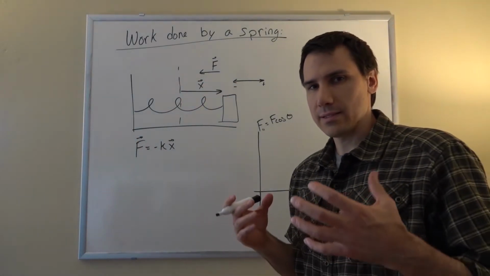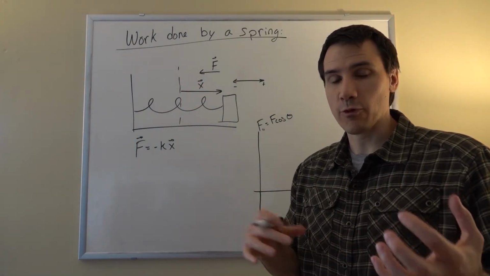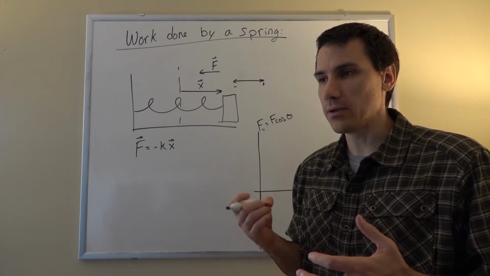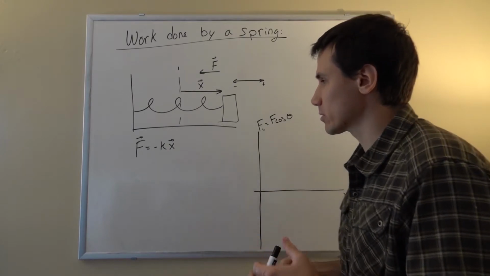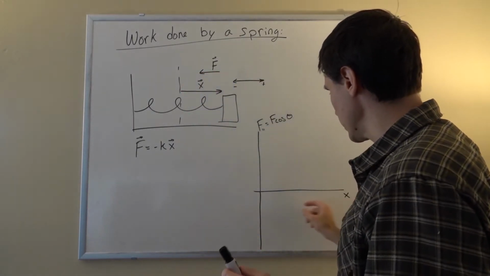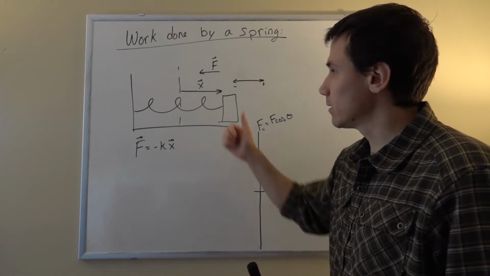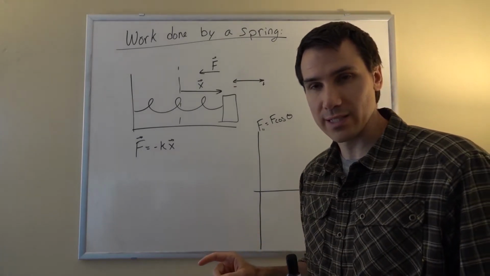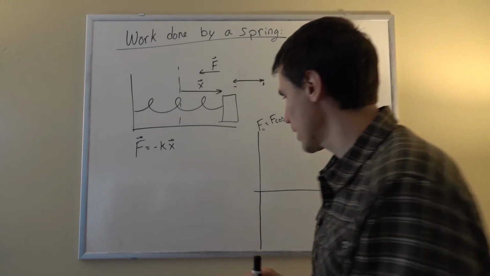Now let's take this same idea of graphing the force versus displacement in order to find the work done by the spring force. So we're going to take our positive direction here to be in the direction of motion. So on my graph, my displacement is increasing in the positive direction here.